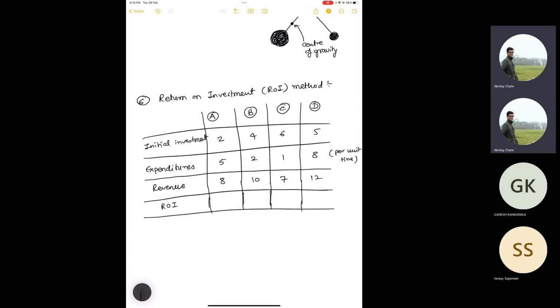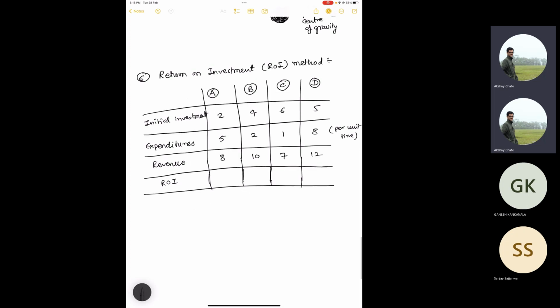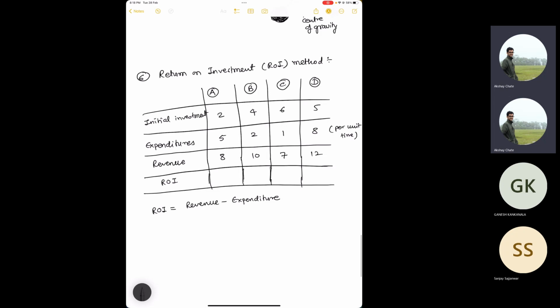So what you do, you calculate the return on investment for each site, and that formula will be revenue minus expenditure, divided by initial investment. My iPad is behaving improperly. The letters are coming late.